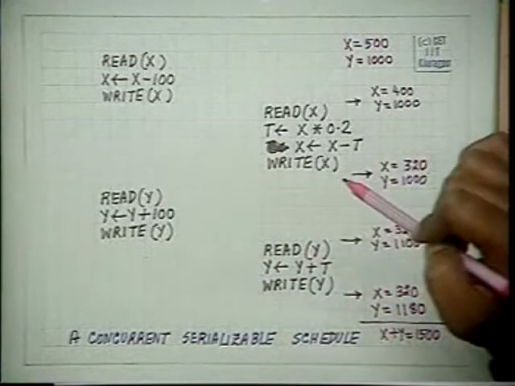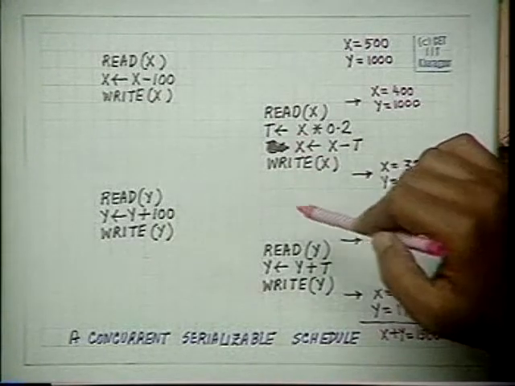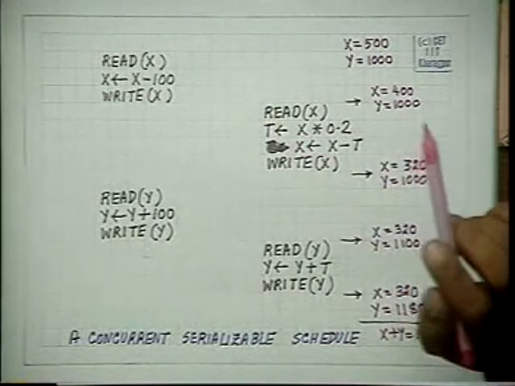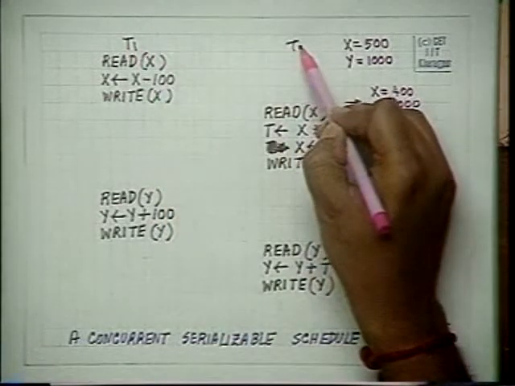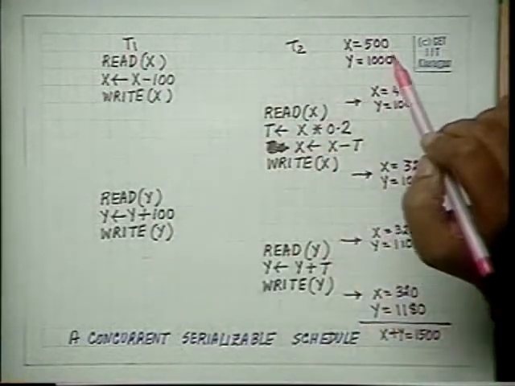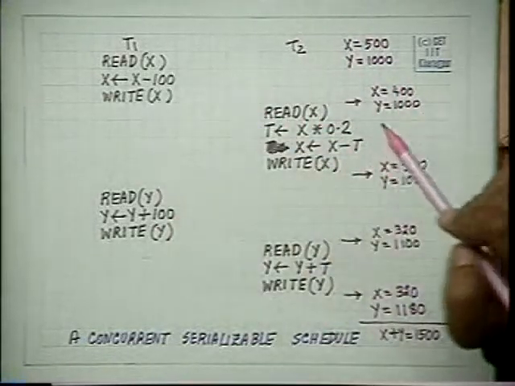Now let us see this example. In this example, the consistency criteria is not only maintained, the result which we get is equivalent to a particular schedule. If this is T1 and this is T2, then the result of executing this is equivalent to executing T1 followed by T2.